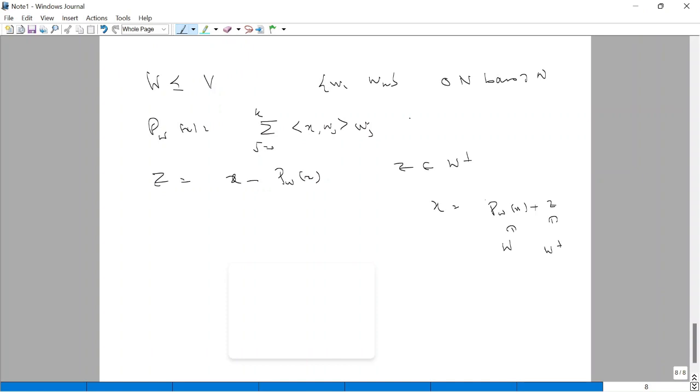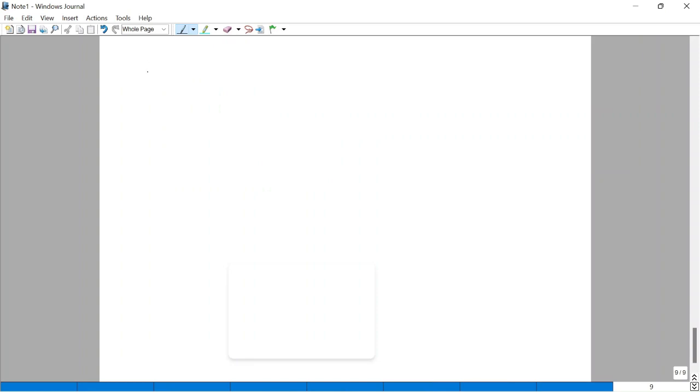Therefore, what we have proved is V is the sum of W plus W perp. And since W intersection W perp is 0, this implies V is a direct sum of W and W perp. So this is called the orthogonal direct sum.